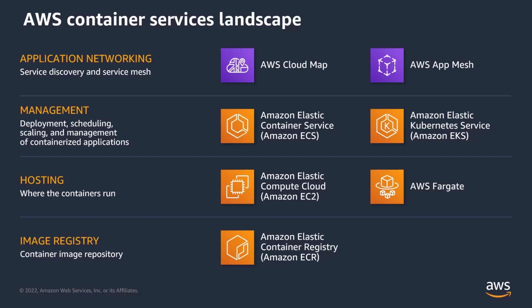For hosting, or the type of compute, so where the containers will be running, you can choose between Amazon Elastic Compute Cloud, or Amazon EC2. And for a serverless container experience, you can choose AWS Fargate. Now, for storing your containers, or where to both save your container images and pull your container images, you can use Amazon Elastic Container Registry, or Amazon ECR.